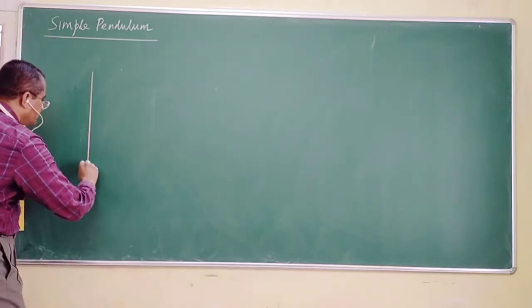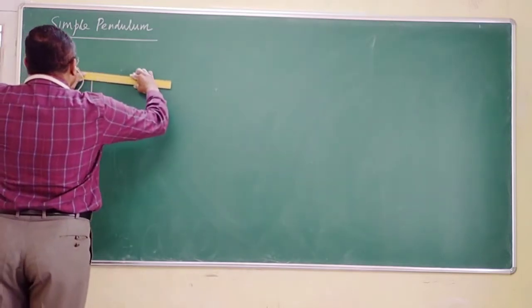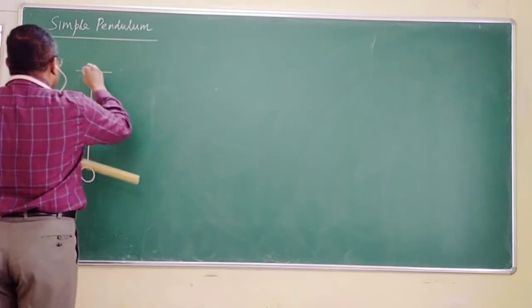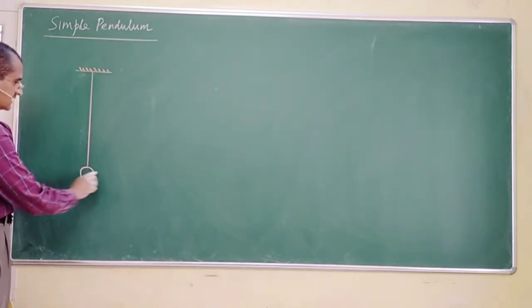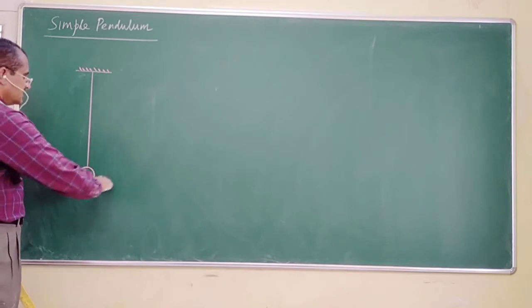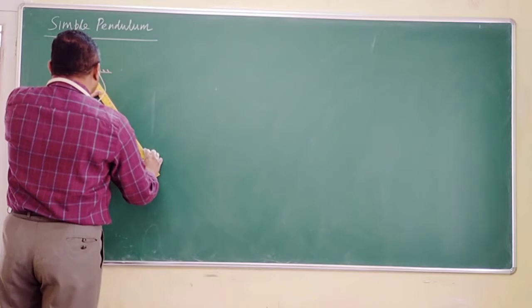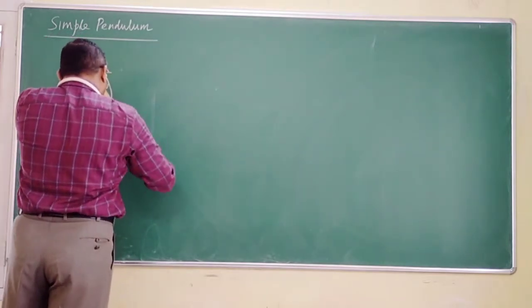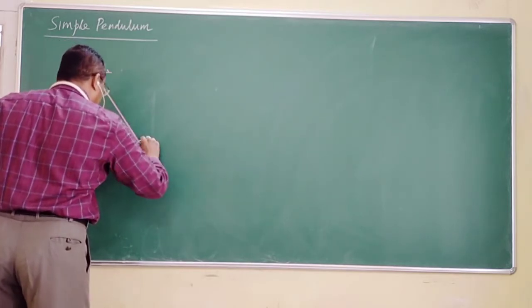This is a bob, a metal bob, suspended to an inextensible string. I give a small push. This starts oscillating. At any instant of time, let us say the bob is somewhere here.